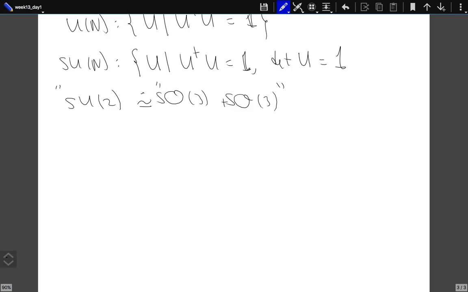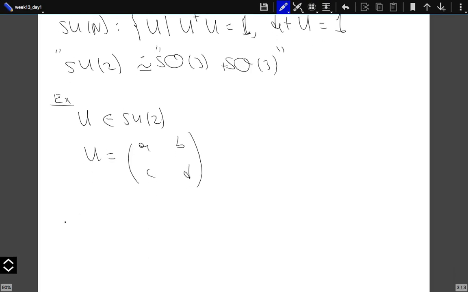Now, if you look at an arbitrary 2x2 unitary matrix, let's do some exercise. Let's say U is a member of SU2. In general, we can write U as A, B, C, and D. Of course, for arbitrary A, B, C, and D, this is not a unitary matrix.